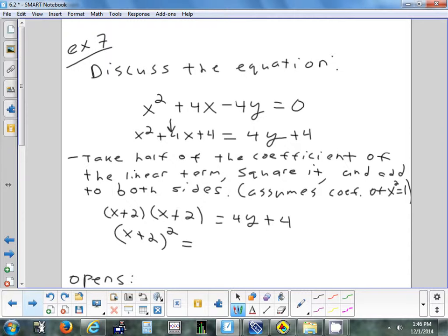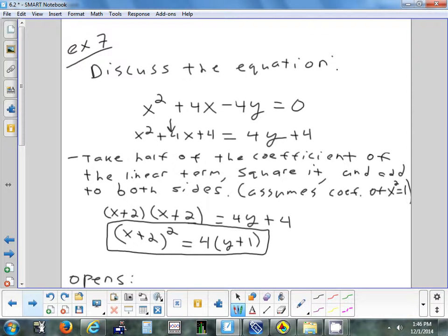What about on the right-hand side? Anything in common between 4y and 4? Yep, so take the 4 out. Now we finally have an equation that matches up with something in the table. Let's see if we can figure out which one it is. X is the one that's squared, and the number on the other side is positive.